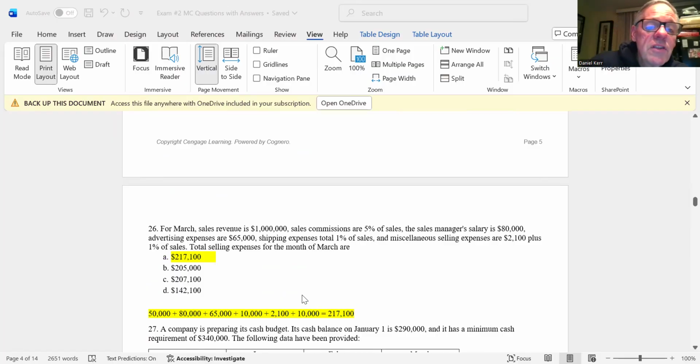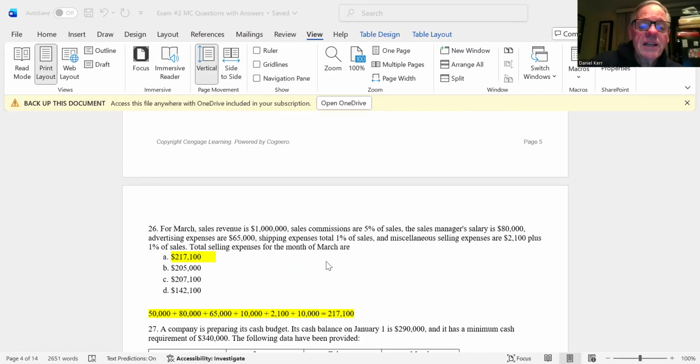26, for the month of March, revenue is 1 million, sales commissions are 5% of sales, manager's salary is 80,000, advertising expenses are 65, and shipping expenses are 1% of sales. Miscellaneous and selling expenses are $2,100 plus 1% of sales.